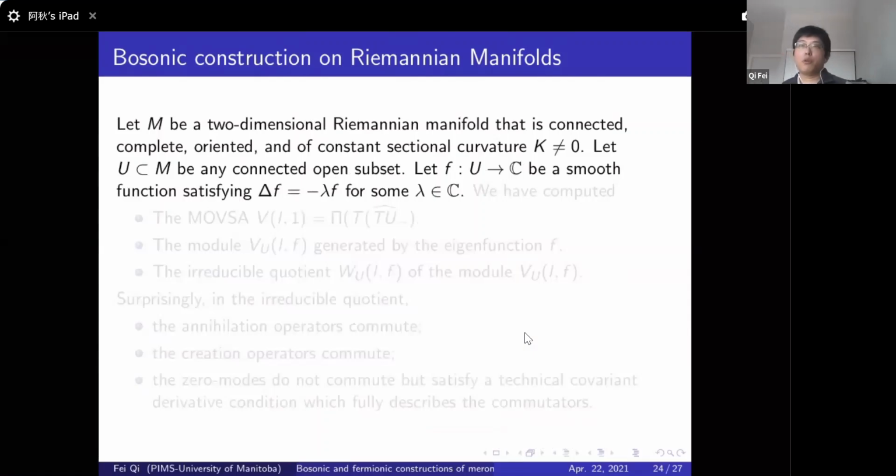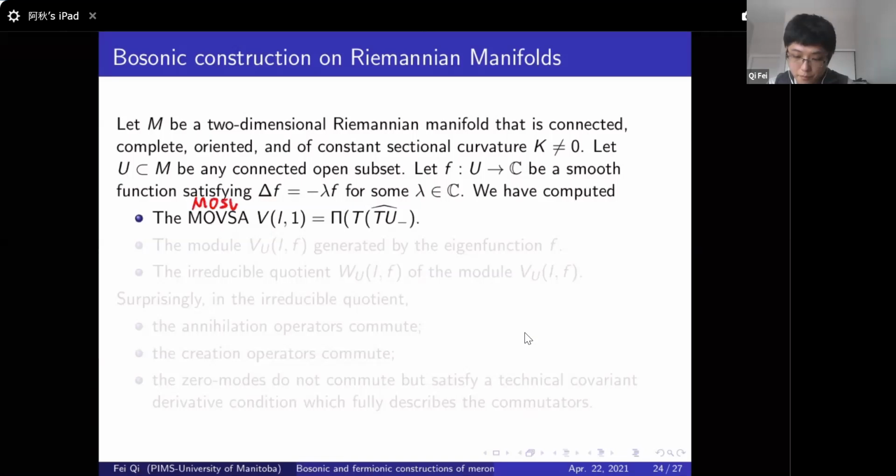Okay, now let me report what I have done. Let f be a smooth function that's an eigenfunction for the Laplace-Beltrami operator. We have computed the following. First, the meromorphic open string vertex algebra, I think this is again a typo, it's MOSVA. The MOSVA has been fully determined, and the module generated by the eigenfunction has also been uniquely determined.